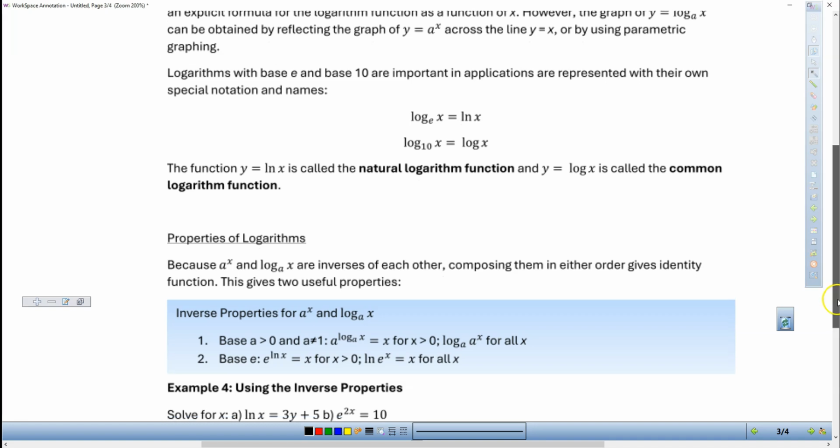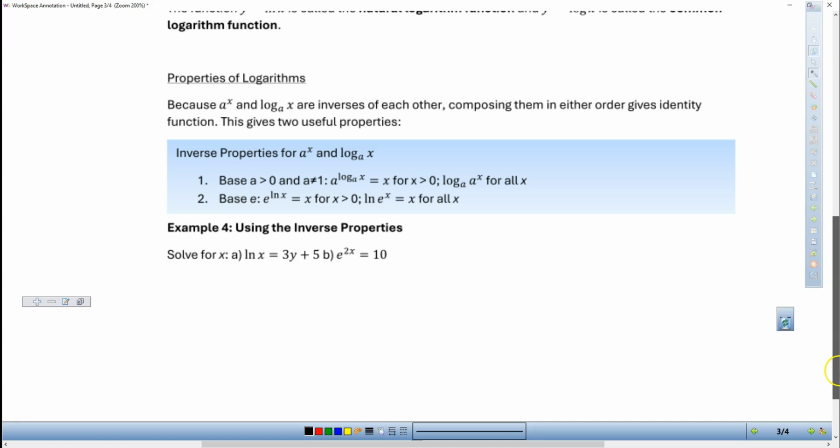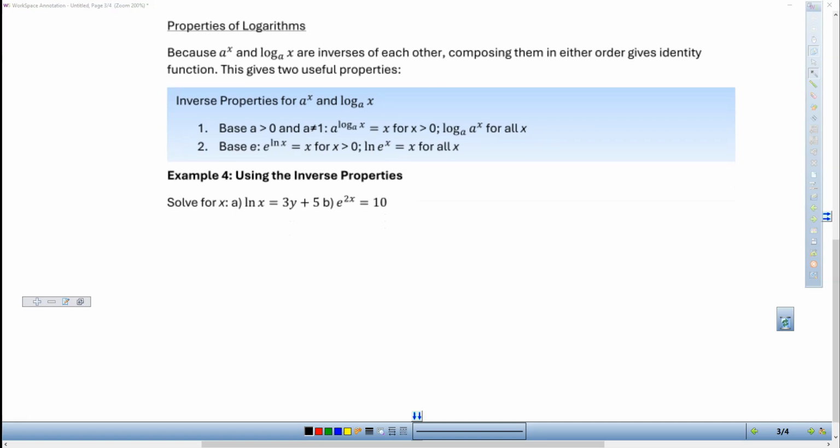Now, some of the things we're going to need to know when we start dealing with logs are some properties that make our life better. Because a to the power of x and log base a of x are inverses of one another, composing them in either order gives an identity function, which gives us some really useful properties.